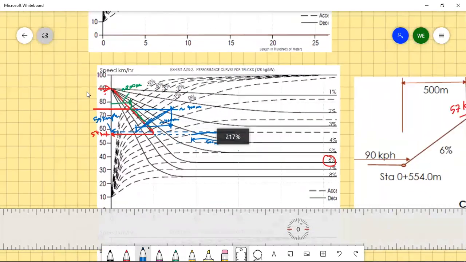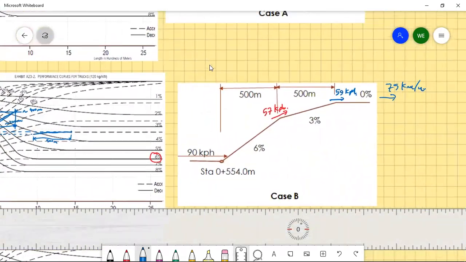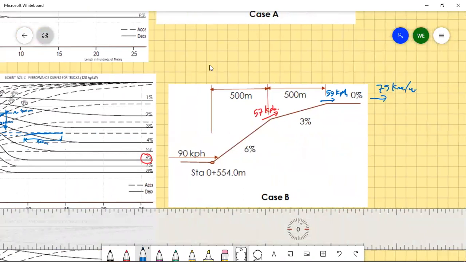So this means that the climbing lane will start somewhere here and continue for 400 meters, and it starts after 200 meters.